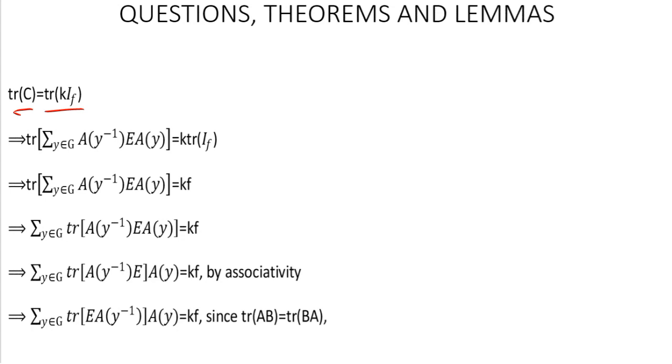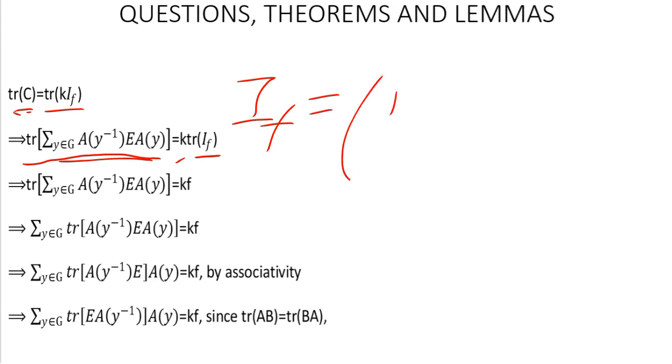You find that the trace can be written as this, because C is this from our previous construction of C, in terms of A, E, and A again. And k comes out because it's a scalar, so the trace can go on I_f. Now, what is I_f? It is the identity matrix, and A is an f by f matrix, so everything else is 0.